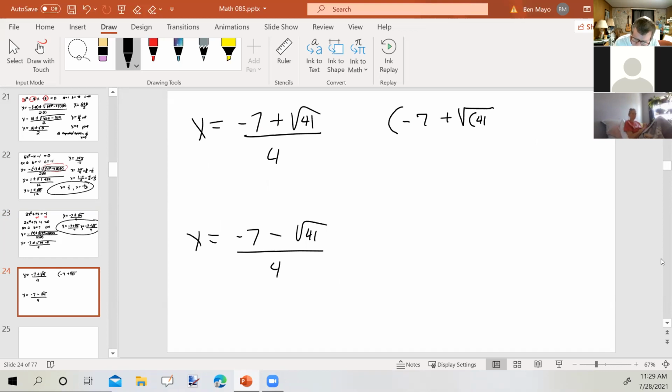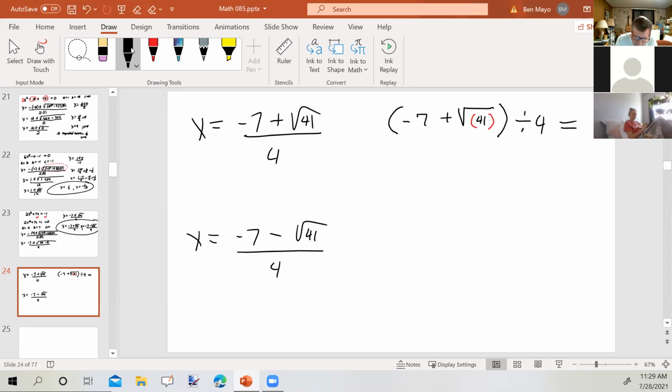I'll put in the 41. Then I'm going to close up that radical. And then I'm also going to close up the entire numerator. In fact, I'm going to go back and make this set of parentheses red just to emphasize that there are two different sets of parentheses there. This whole quantity is then divided by 4, and then I push the equal sign, okay?